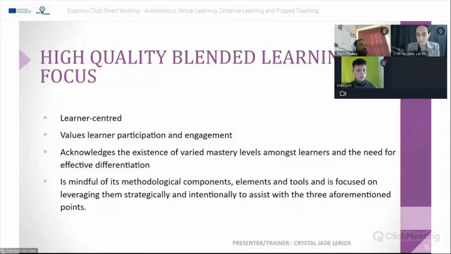blended learning acknowledges the existence of varied mastery levels among learners and the need for effective differentiation. What do we mean by varied mastery levels? In your classroom, are all your learners the same? Nod, yes, no, up and down, right?